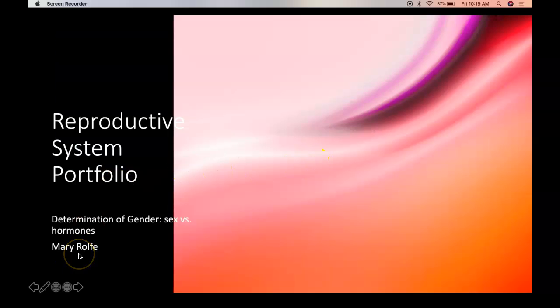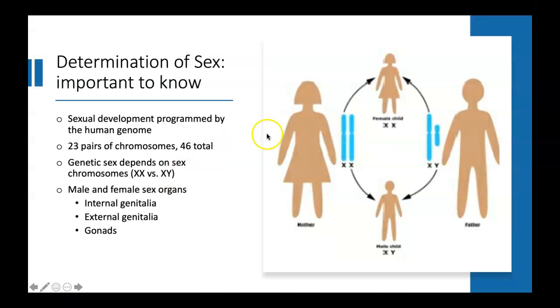Okay, so first I'm just going to go ahead and start off with some background information about the determination of gender. Just a few things that are important to know. The human genome programs sexual development. Humans have 23 pairs of chromosomes, or 46 total.